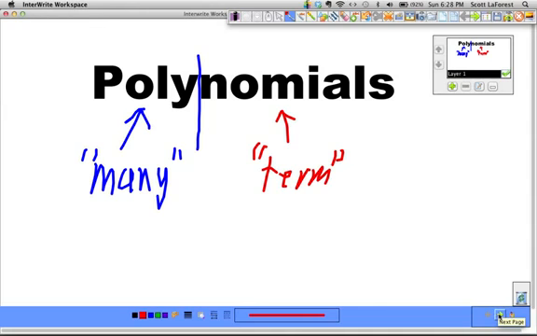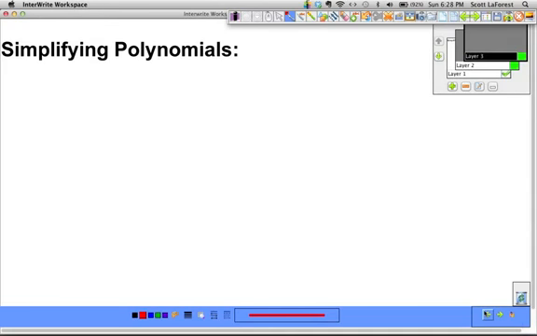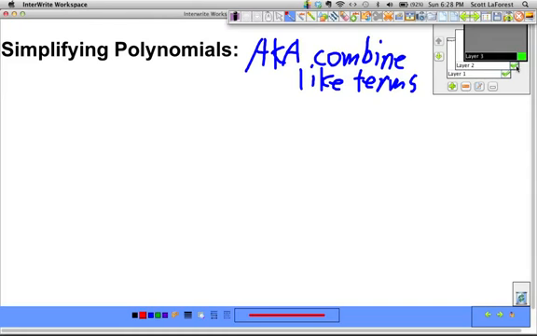So here, the first thing we're going to be doing with this stuff is simplifying these polynomials. What I mean when I say simplifying polynomials is basically we're just going to combine like terms.